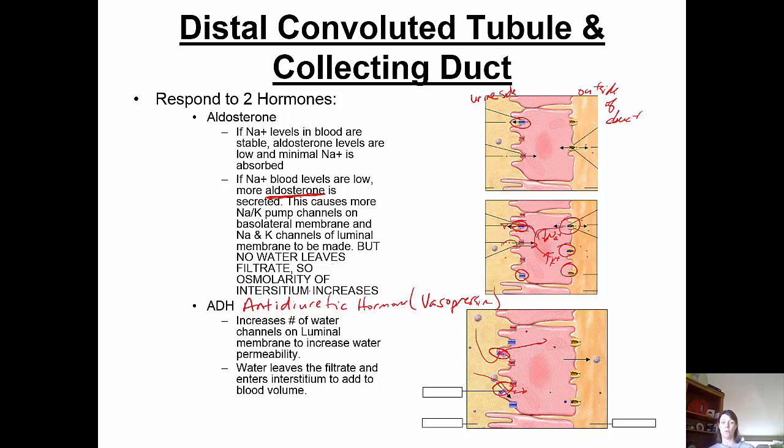And once it creeps through, then it's able to just pass on the basolateral side, because you have so much water on the inside of the cell. By diffusion, just naturally, osmosis, it's going to go then into your blood. Because we want to make sure that we maintain a certain amount of blood volume, a certain amount of blood pressure. You need water. It's important.